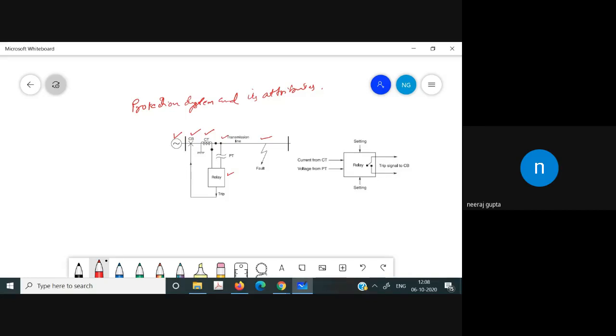Now, let us consider this relay as a black box. Instead of going into the detail of what the relay is, let us consider it as a black box having the current and the voltage at the input, and output in the form of normally open contacts.